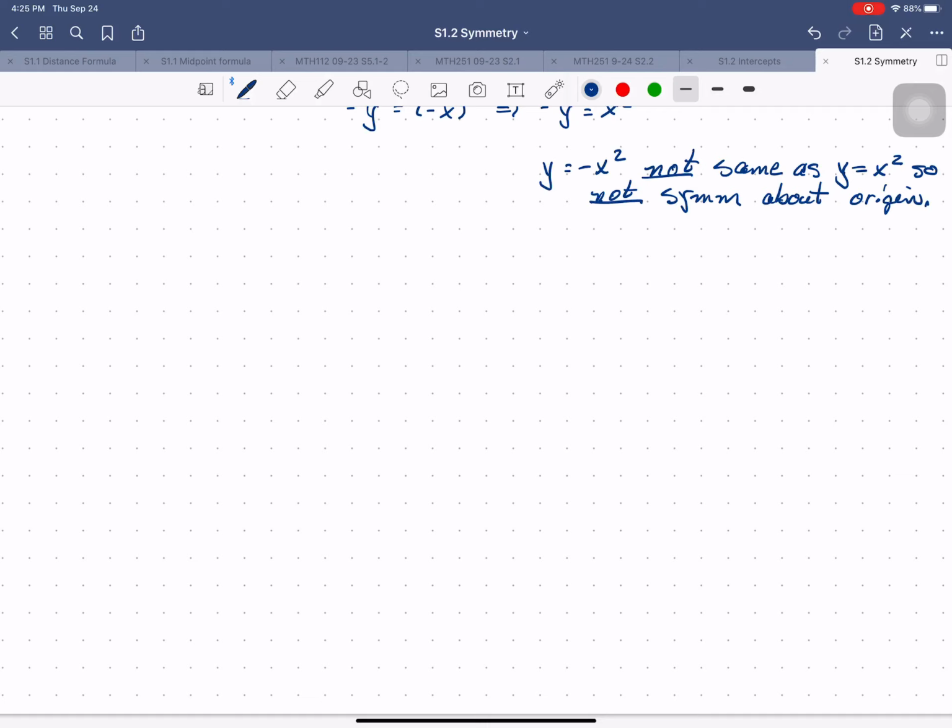Let's just do this example. We're going to look at the relation x minus 2 squared plus y squared equals 1. And we are going to test this for symmetry.